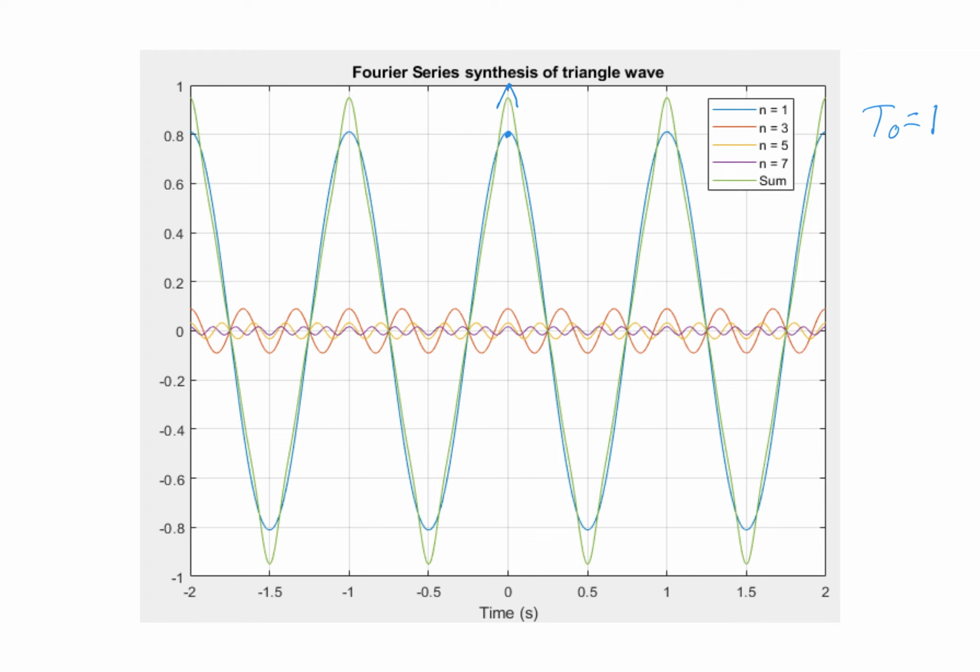What I encourage you to do next is look at the MATLAB example that I have posted to go with this particular video lecture. There is code that will have MATLAB calculate the Fourier series, and it's going to do it 2 different ways.